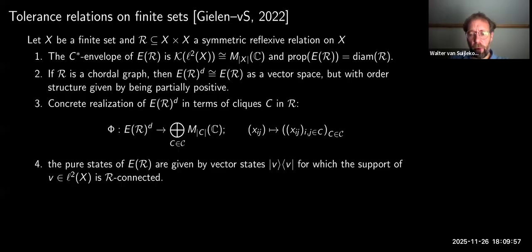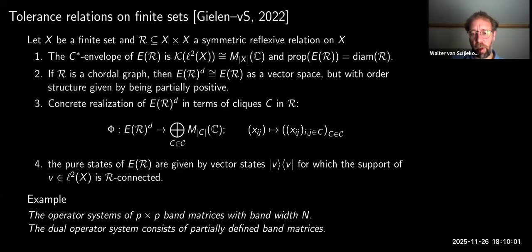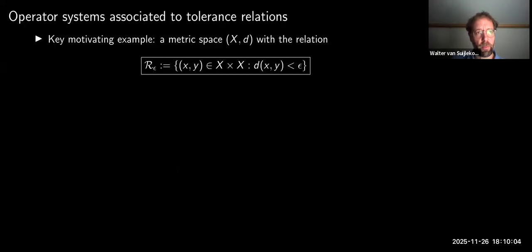And here's something about the pure states, but let me bring this to the general case of a metric space, because that is the motivating example that we had in mind, and where we use this finite description. You take a relation inside X cross X, where you take two points to be related if their distance is smaller than epsilon.